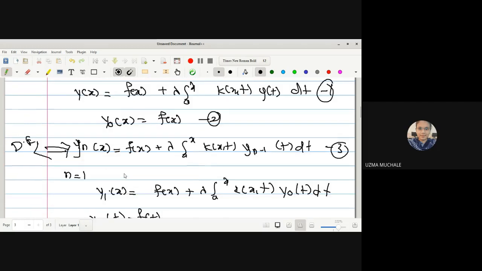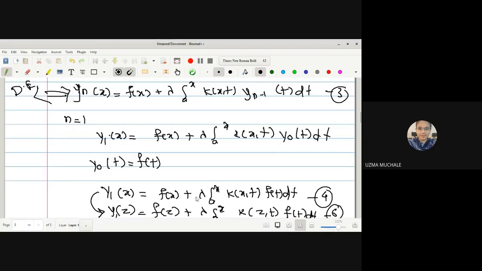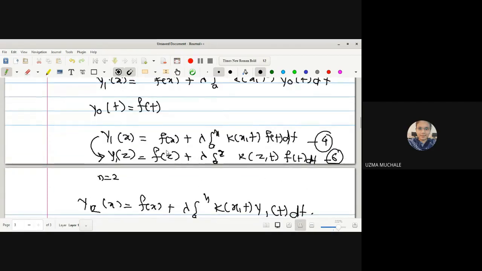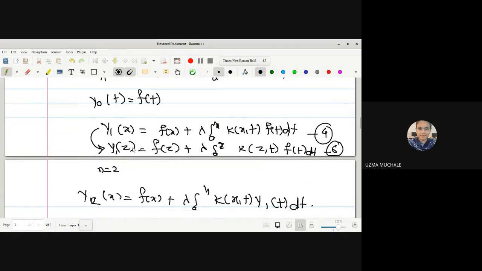First we use y naught. The general formula, the nth approximation, can be written like this: y_n of x is equal to f of x plus lambda, integration a to x, k of x t, y_(n minus 1) of t dt. After putting n equal to 1, we get this one. Substituting these values, we get y1 of x, that is equation 4.